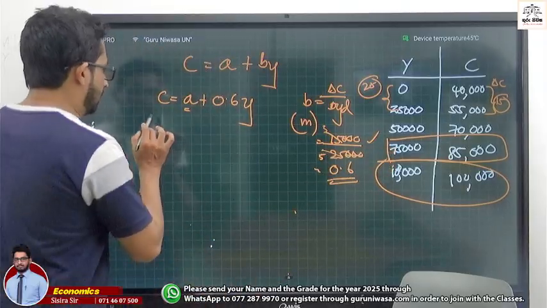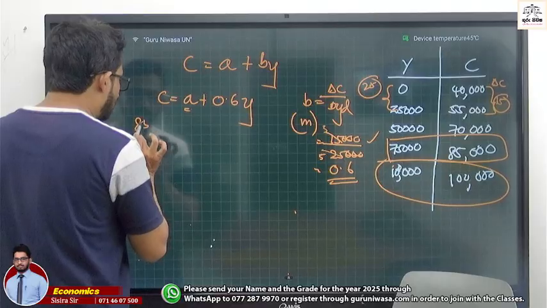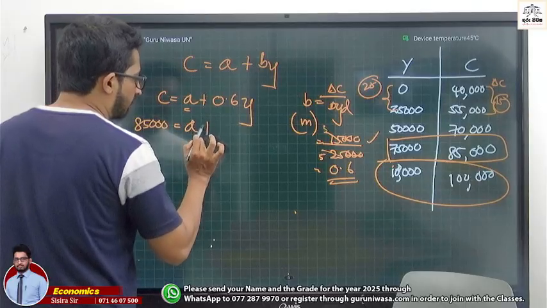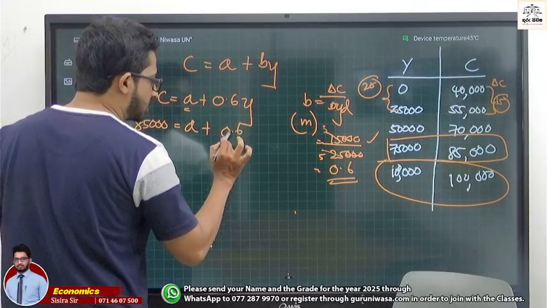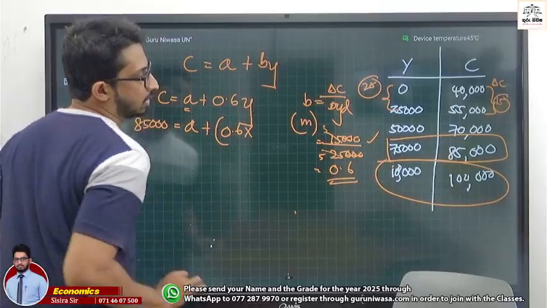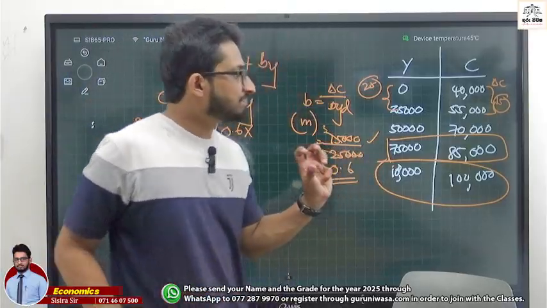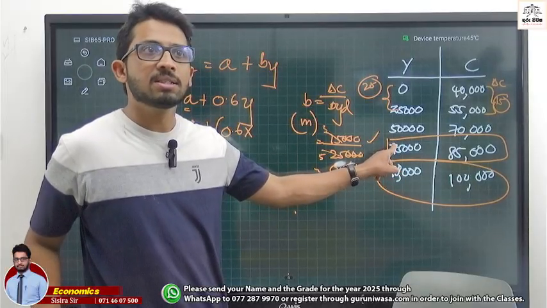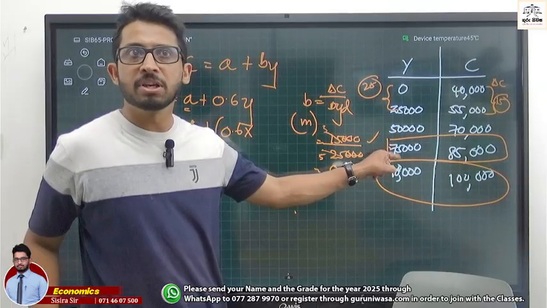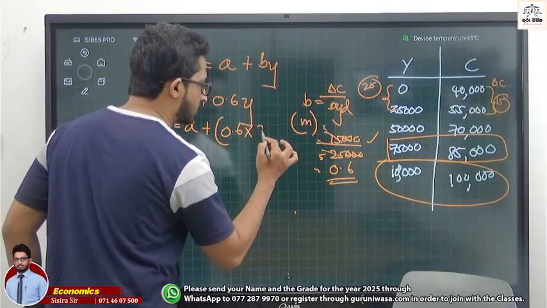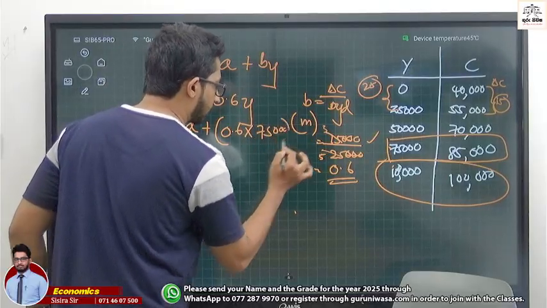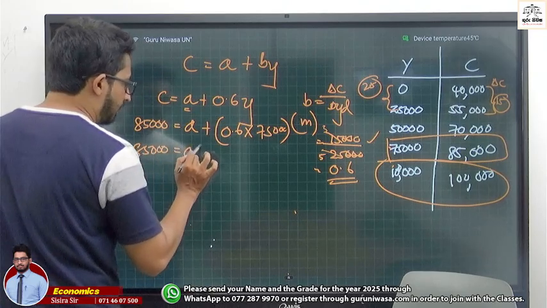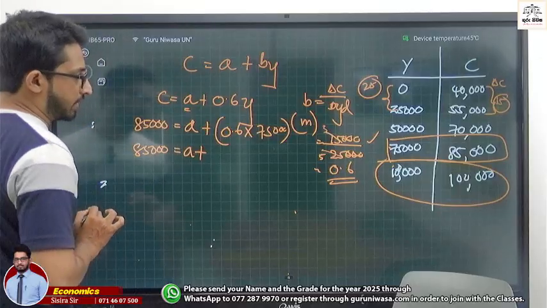Right? Substitute 85,000 for consumption equals a, we don't know, plus 0.6 into the corresponding Y, 75,000. Substitute 75,000. 85,000 equals a plus 0.6 into 75,000.